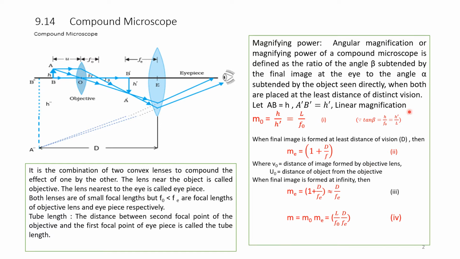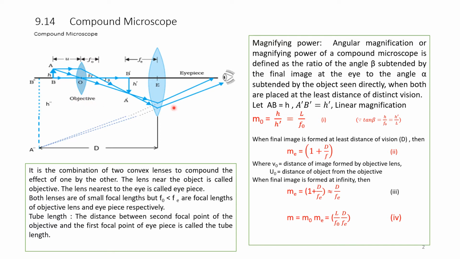Here the angular magnification is the ratio of beta to alpha. Beta is the angle subtended by the final image. In this diagram, the final image is A double dash B double dash, and the angle alpha is the angle subtended by the object seen directly without these lenses. So, magnification is the ratio of beta to alpha.